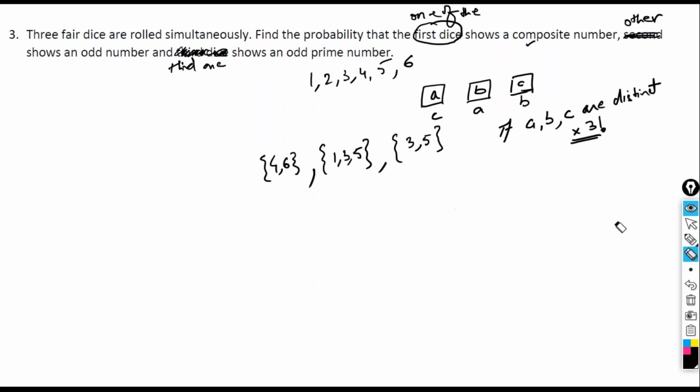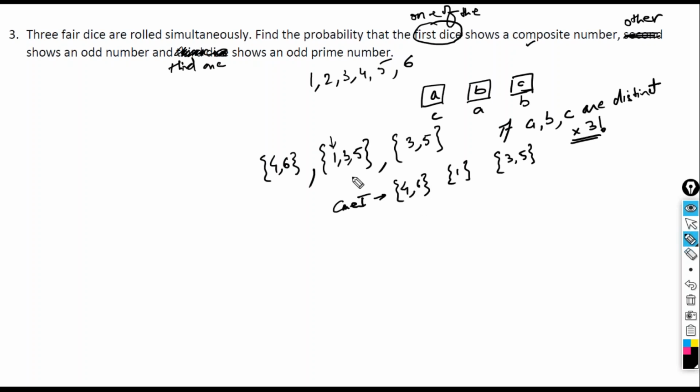Now, while solving these kinds of cases, it's very important to look at the cases which we are getting. So case one is going to be when the numbers on all the three are distinct. Now we can clearly see that the numbers can be distinct if we get 4 or 6 on any of the dice, or if we get 1 on any other dice, and out of 3 and 5 any value on the third dice.